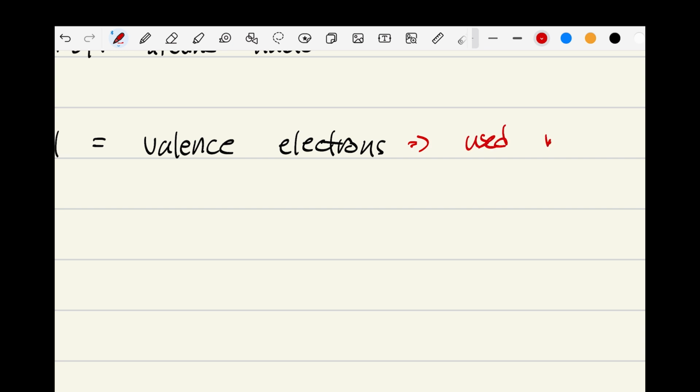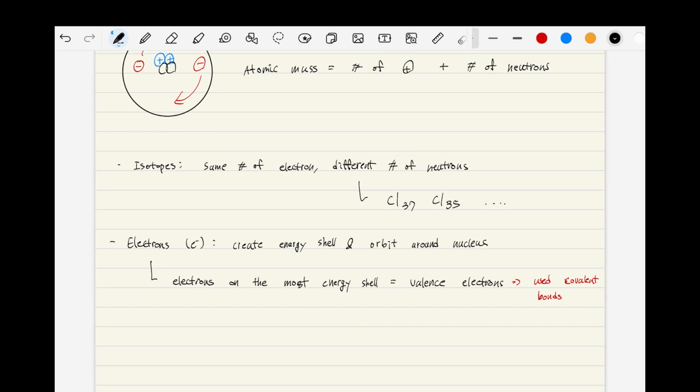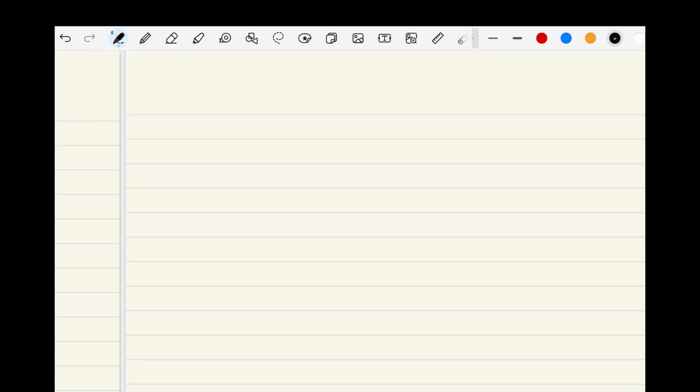And they are usually used for covalent bonds in many macromolecules.